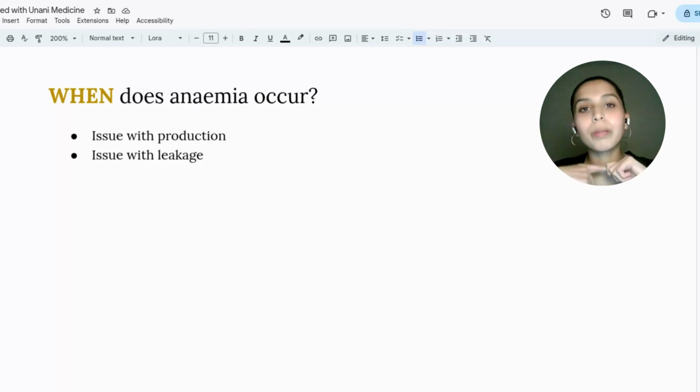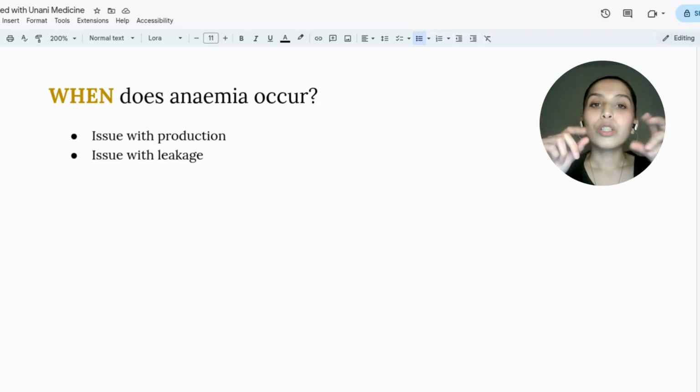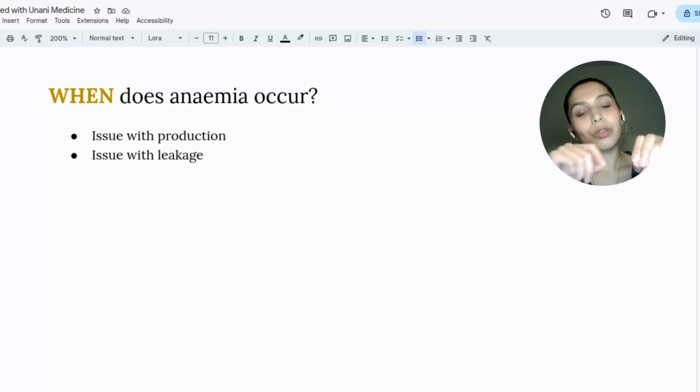So when we're talking about the production, we're talking about whether or not the body is able to produce red blood cells, enough red blood cells, whether the body is able to produce the right type or right form of red blood cells. So that's the production area. And then when it comes to the leakage, if the body is losing more red blood cells than it can keep up with.